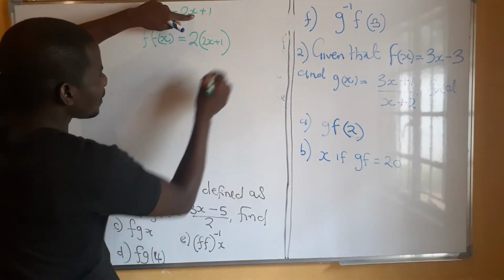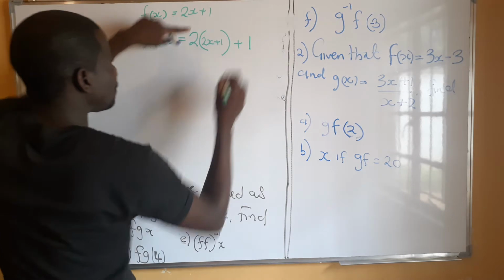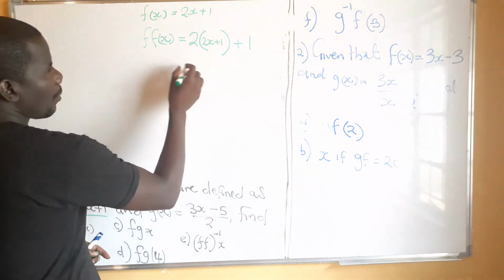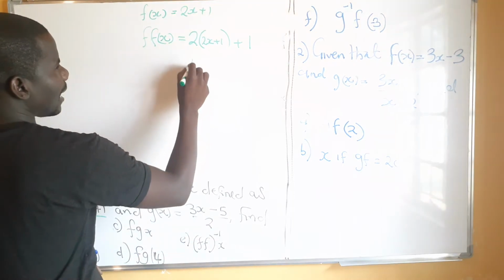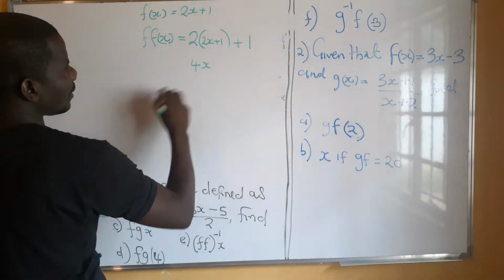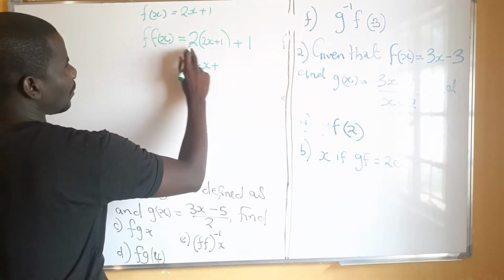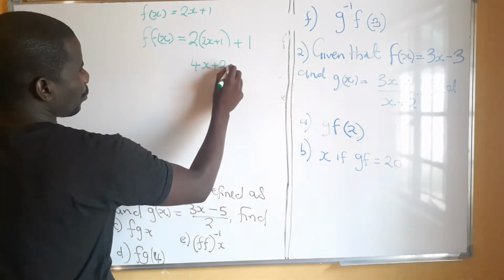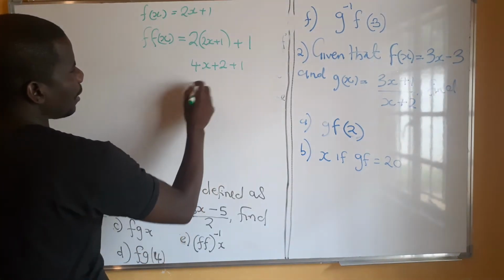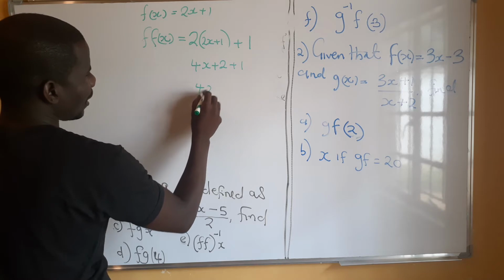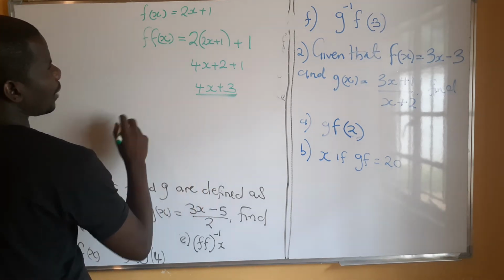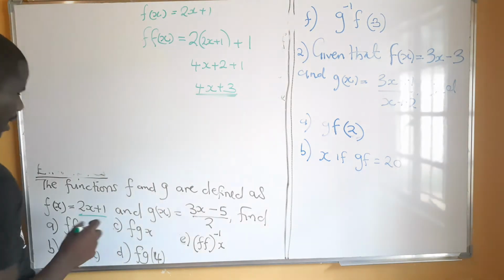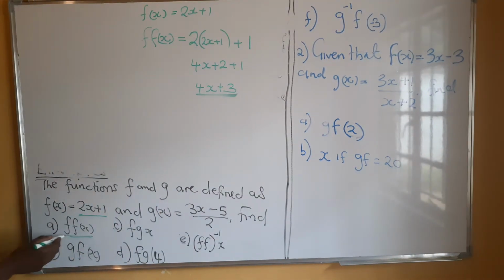Then we go on to simplify this as 4x plus, distributing the 2, 2 plus 1. What do we get? 4x + 3. So this is what is going to be our answer for the first question.